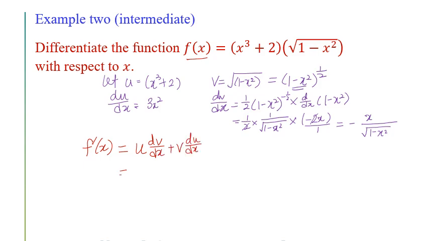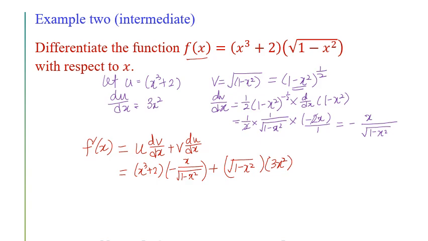Let's plug in your u, which is bracket x cubed plus 2. dv over dx is negative x over square root 1 minus x squared. v is, change it back to radical form, so it's square root 1 minus x squared. du over dx is 3x squared.